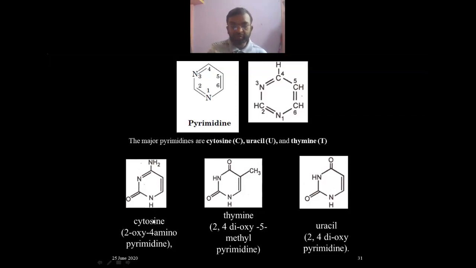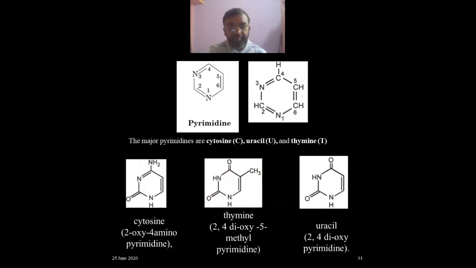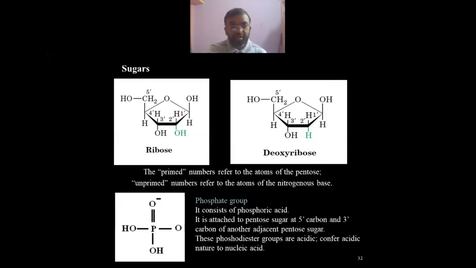One more thing to be clear about. In nucleic acids, there are nitrogenous bases and there are also sugars, and in order to differentiate them we use different numbering. In purine and pyrimidine we give the plain numbers 1, 2, 3, 4, 5, but in the same nucleic acid structure, to denote the position of the various atoms in the sugar, we give the prime: 1 prime, 2 prime, 3 prime, 4 prime, 5 prime.